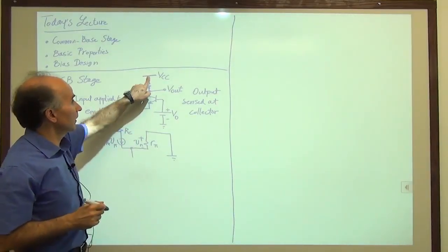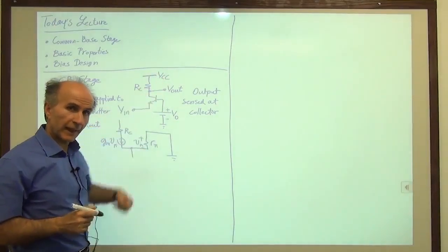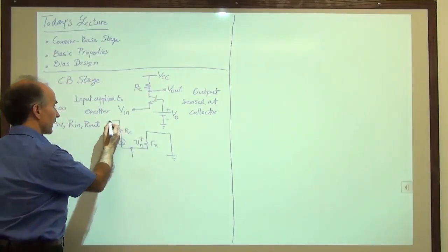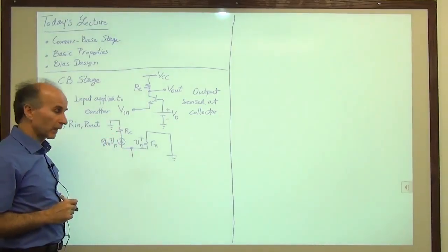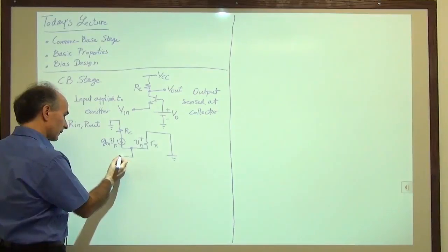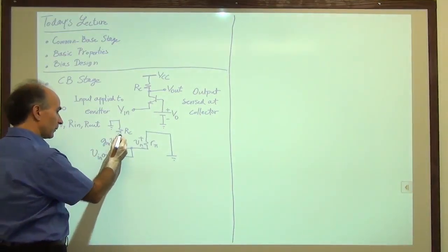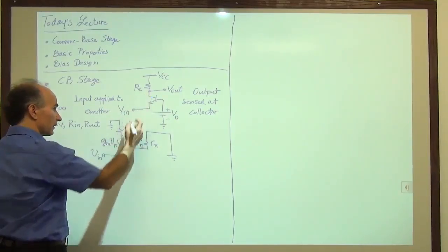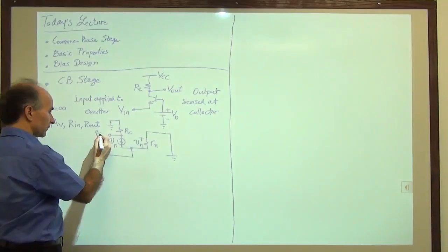And then the top terminal goes to a battery that goes to ground. So again, the top terminal is at AC ground. So that is also at ground. All right, and the input is here. This is the small signal input, and the output is here. You can see at the collector. I can draw it this way, I can draw it this way, it doesn't matter, so this is the output.